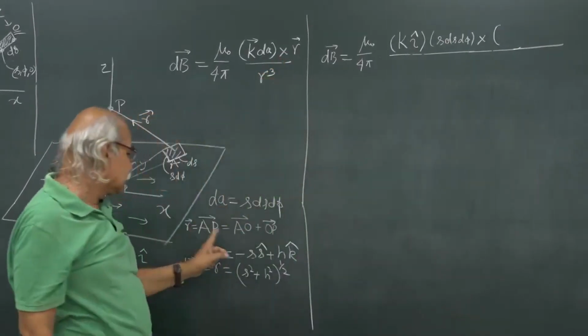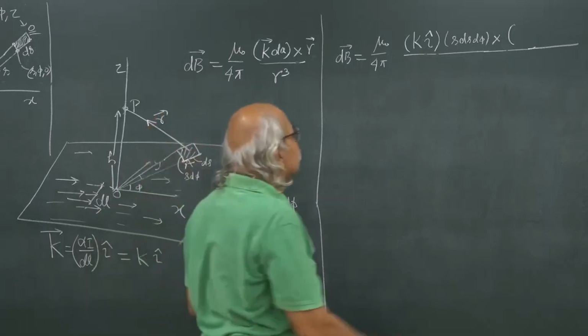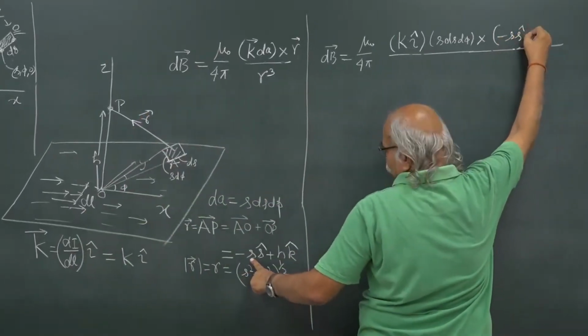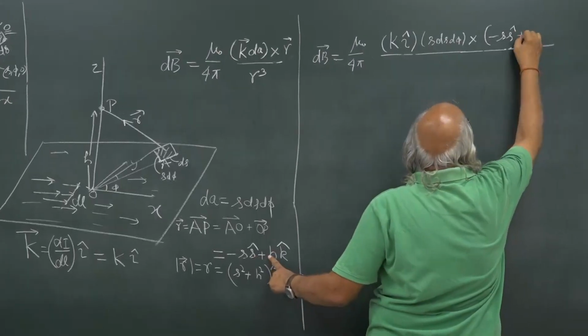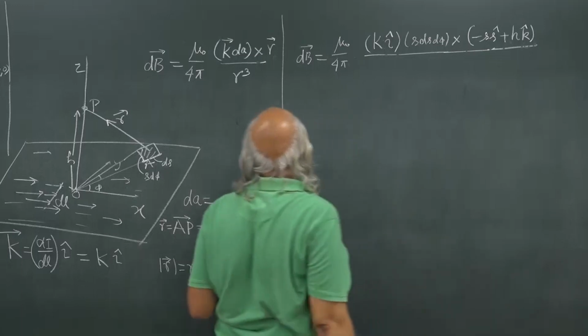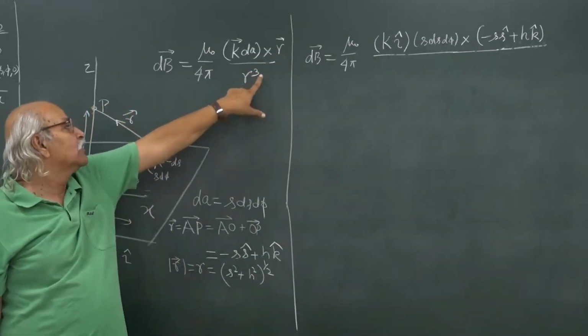R vector is minus s s cap plus h k cap, divided by r cube.